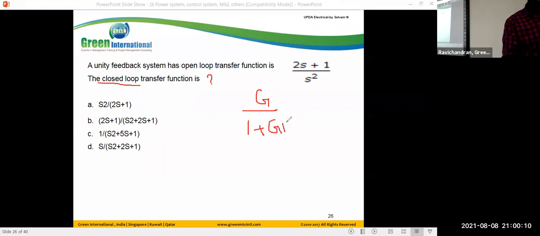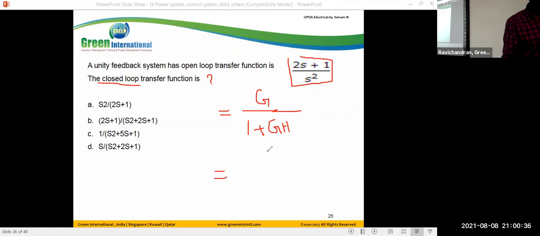This is the formula, correct? In this formula, the variables are G and H. G stands for gain, more specifically open loop gain. Here the open loop transfer function is the value for G.